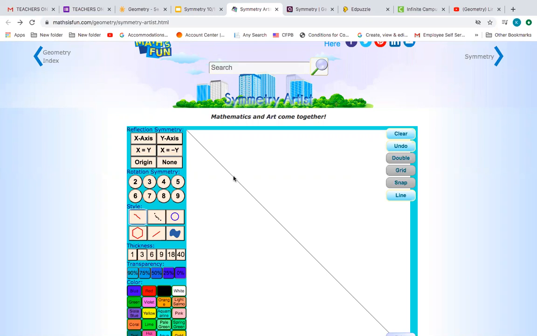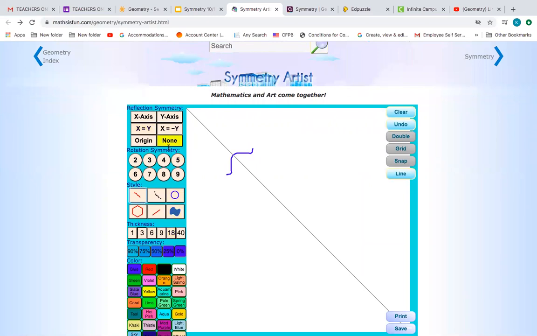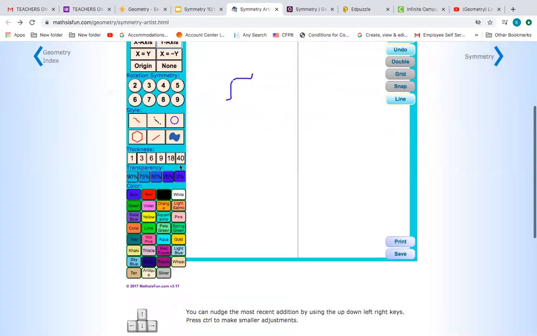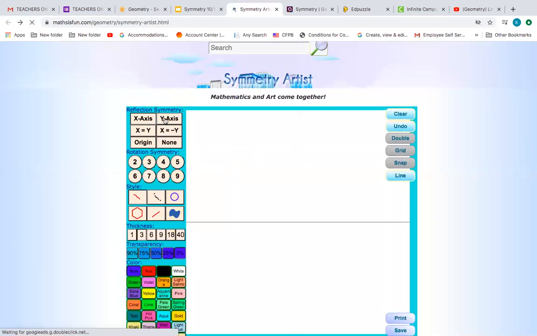Clear, clear, clear. So now just say you draw a star. How do we do it? I'm just going to try my best.